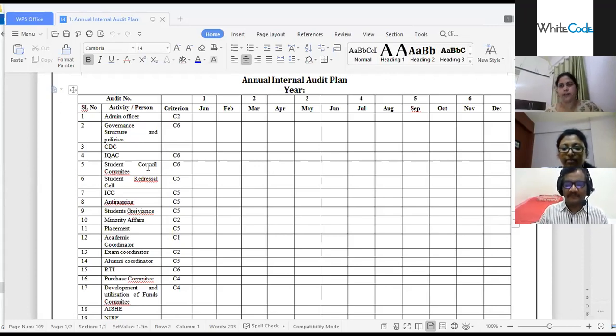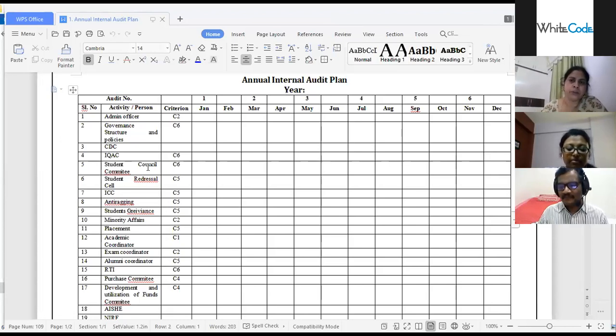But before the calendar, the IQAC head or the quality head who is looking after the audits has to prepare a master calendar or master plan of the audit, stating at which particular time what audit we are going to take. Like I was telling, admission process: soon after completion of the admission process, give a time of 15 days to 1 month and pick that particular department or procedure for the audit.